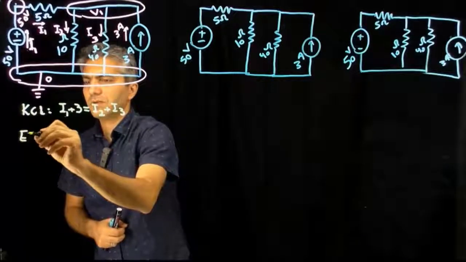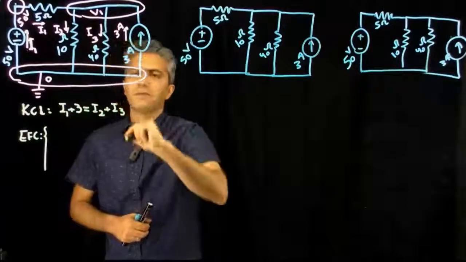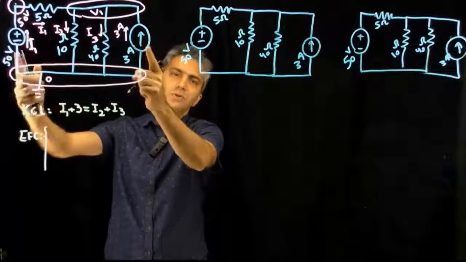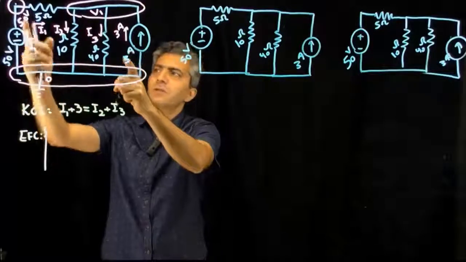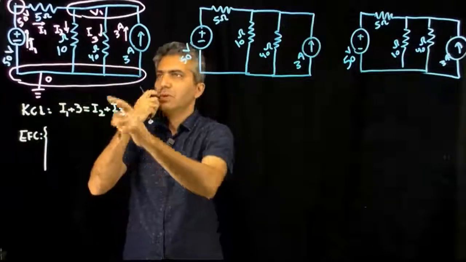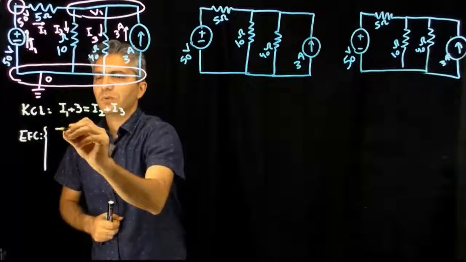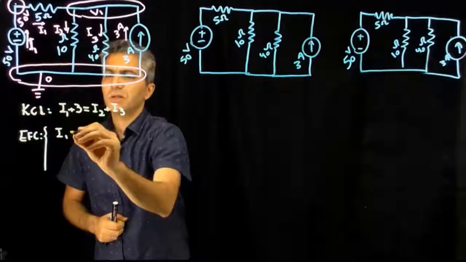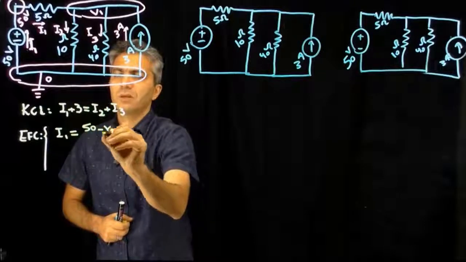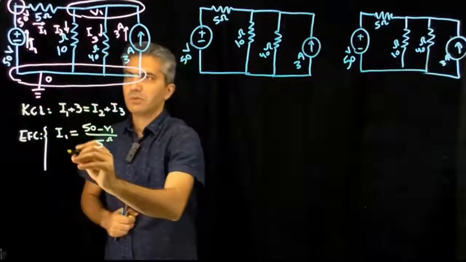Then the equations for components, and now we have 1, 2, 3, 4, 5 components. For 2 of these components, the sources in the circuit, we have already used the equations to label that voltage and this current, so we don't have to do those, and there are 3 equations left. The equation for the 5 ohm resistor is I1 is equal to 50 volts minus V1, divided by 5 ohms, which is basically Ohm's law for that resistor.